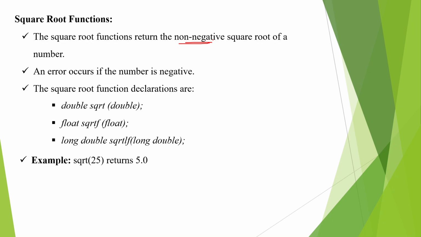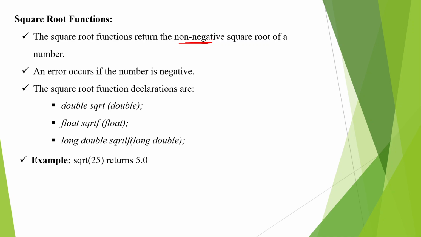We know that it will be an imaginary value, because the square root of a negative number is imaginary, as you know from mathematics. That value is quite difficult to predict. So whenever you use the square root function, always give a positive value as the parameter. Don't give a negative value. If you give a negative value, your program or application may crash, or you will get unpredictable results.